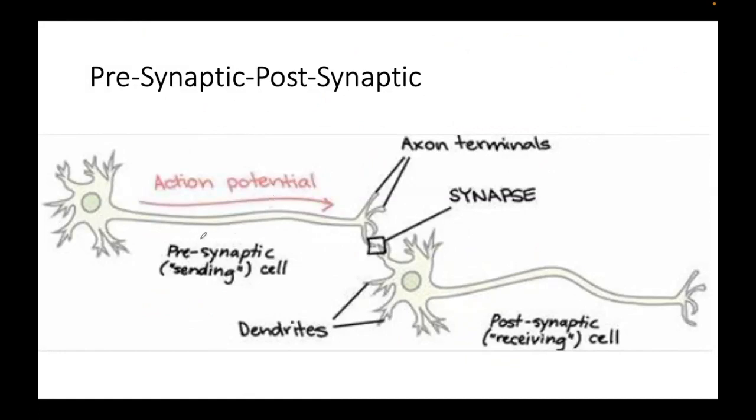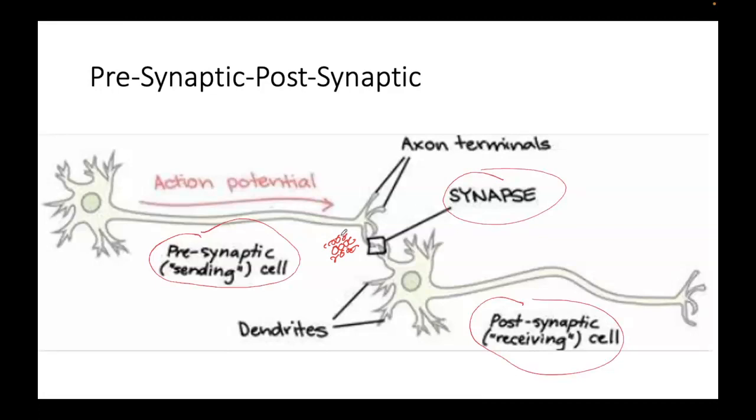The one before is the presynaptic neuron, sending the message, and the one receiving is the postsynaptic neuron. Right where the two meet is the synapse. The presynaptic side contains all those little circular vesicles that contain the neurotransmitters, like acetylcholine.